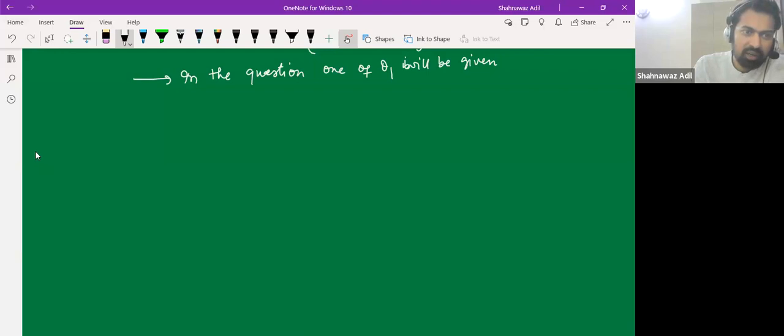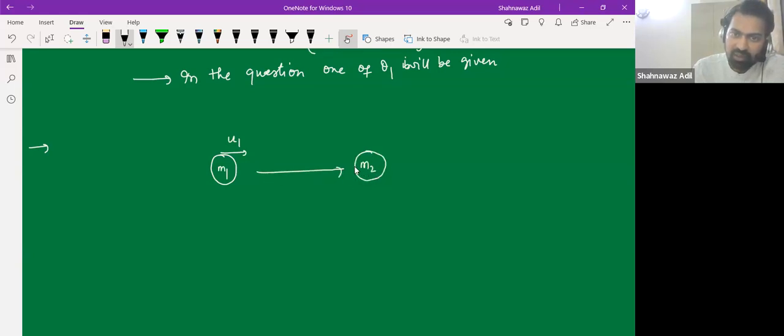So, what do we know? We have an object moving with u1 velocity, with mass m1, and this was the stationary object m2. Then this one strikes this one, and then m1 goes in this direction with v1 velocity, and m2 goes in this direction with v2 velocity.